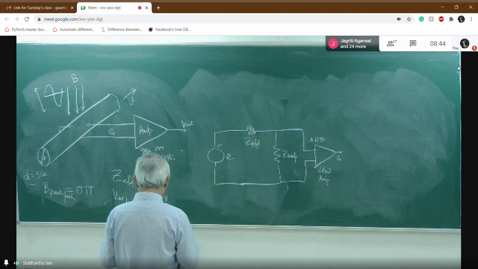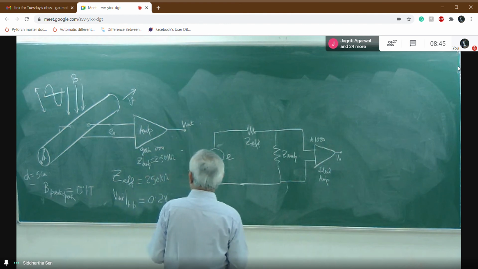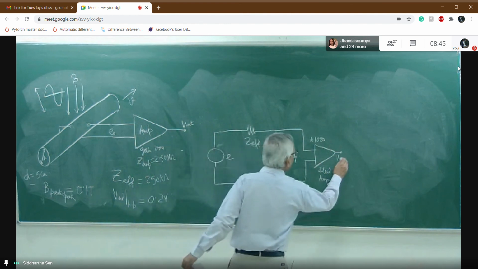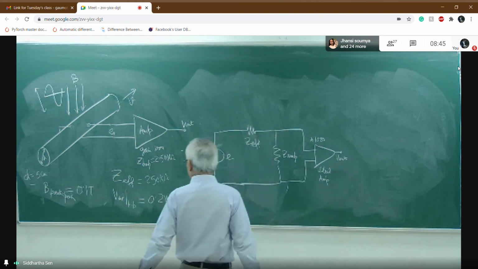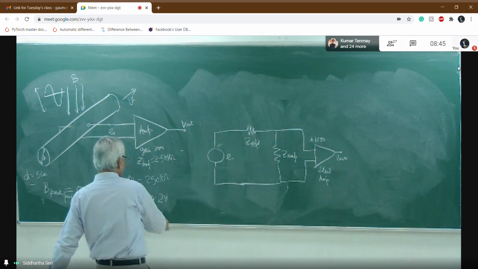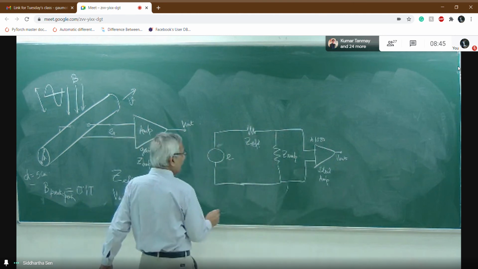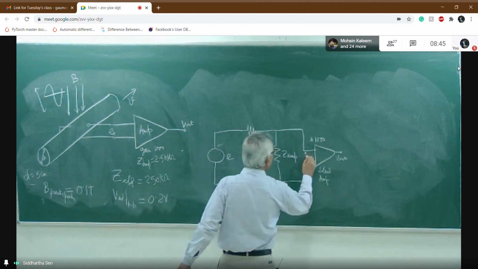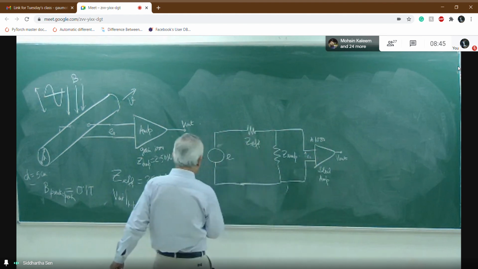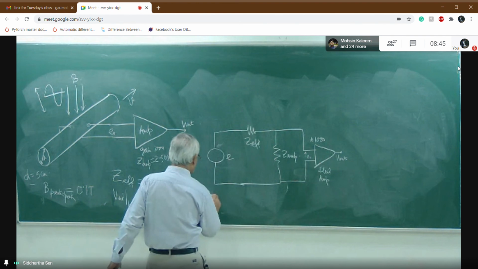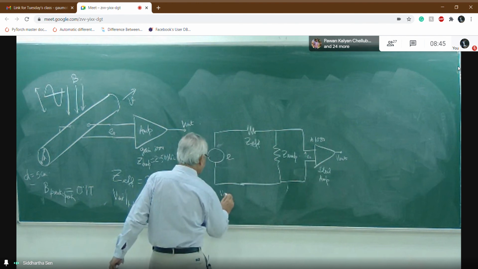So what it says is that V out peak to peak is this one. If I call it E0, then E0 is equal to V out divided by 1000.